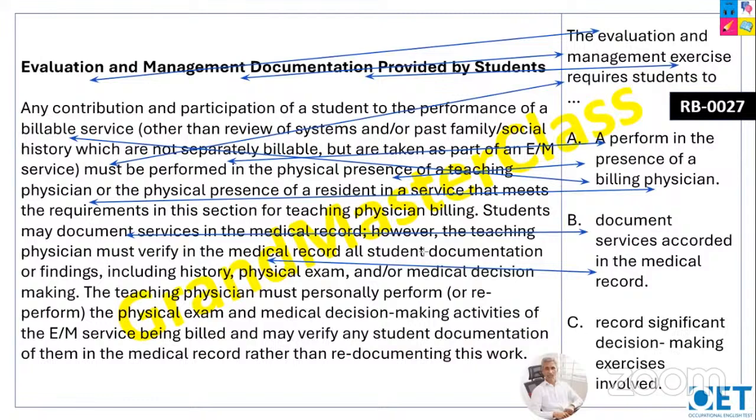But however, billing, the teaching physician, again it is going to A. B is also correct, but it is only partially correct because it is may. There is a lot of difference between must and may. You should understand. These are called modal relationships.